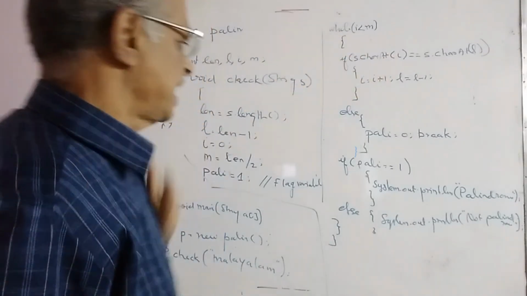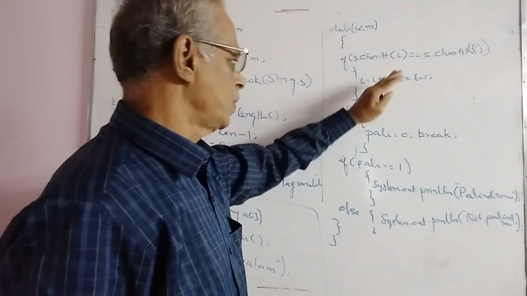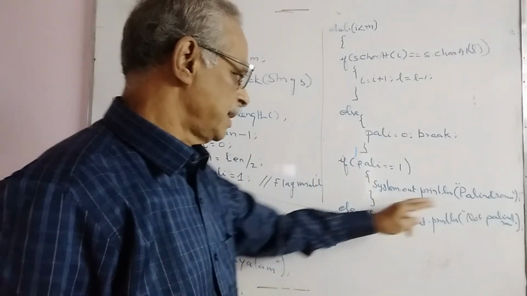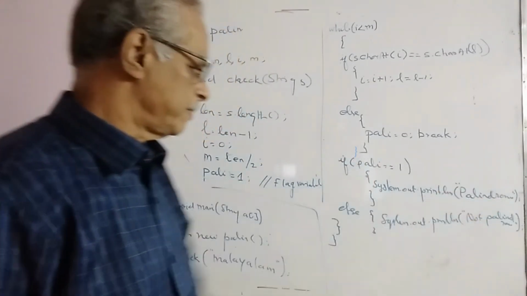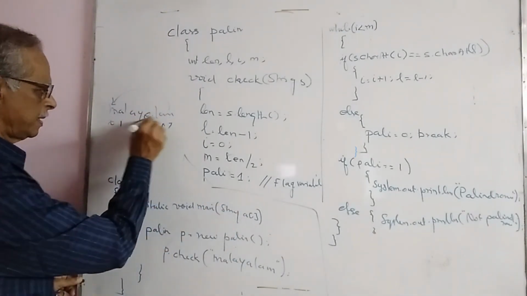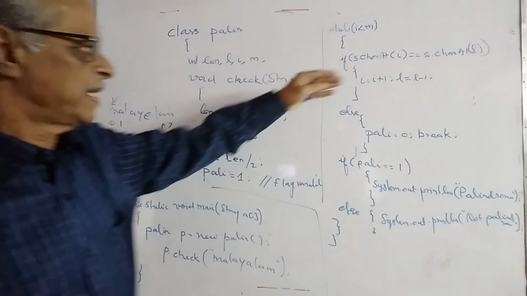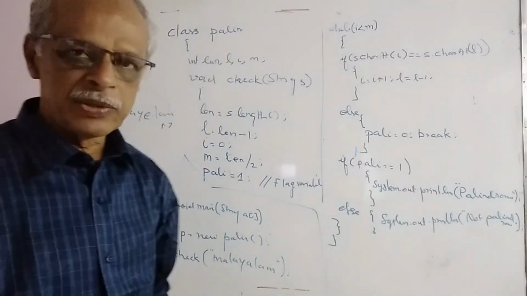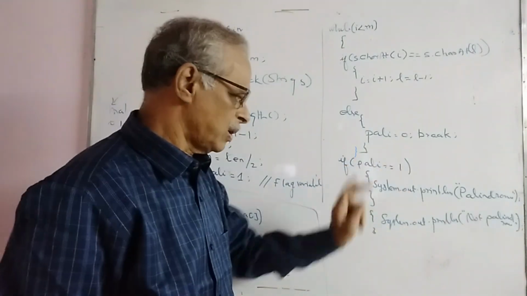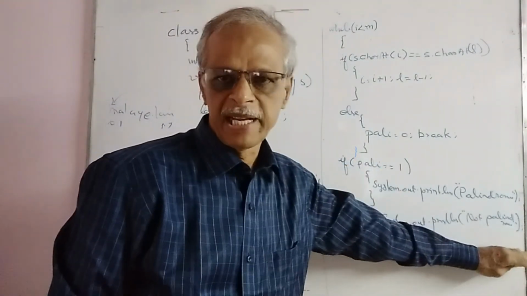Here in this case all the conditions are true and we come out of the loop without altering the Pali value. We are printing palindrome. If any two characters are different, then the else part will be executed. Pali equals 0, come out of the loop. Pali equals 1, no, then it will print not a palindrome.